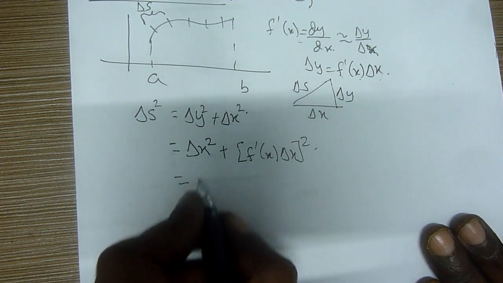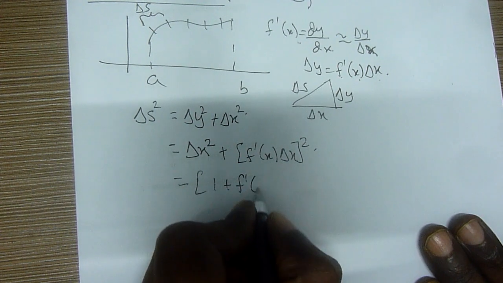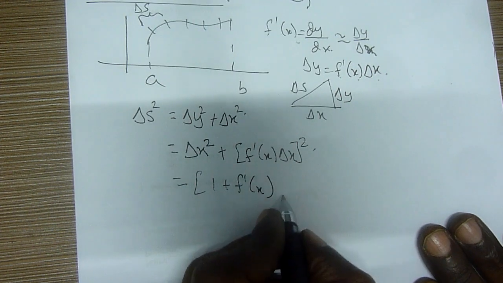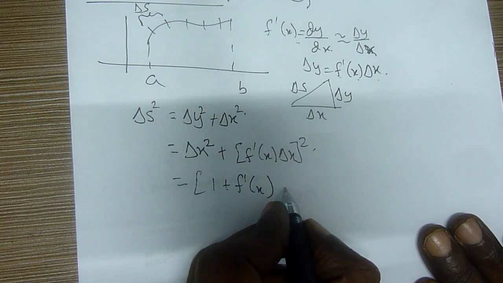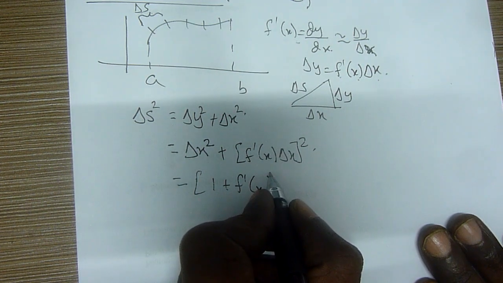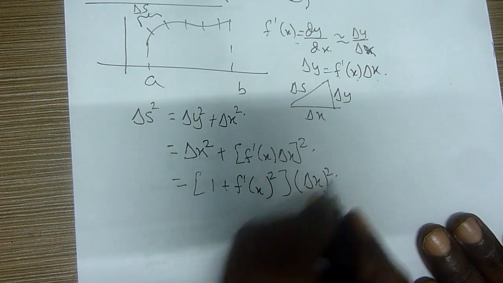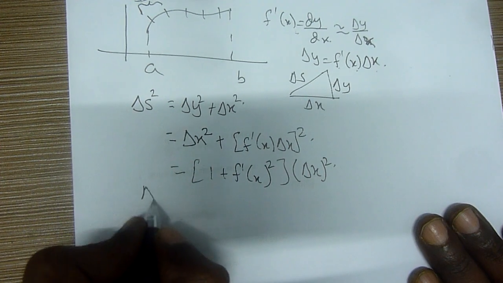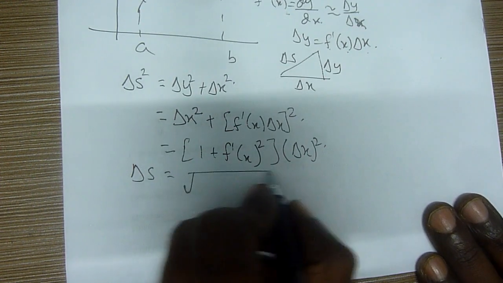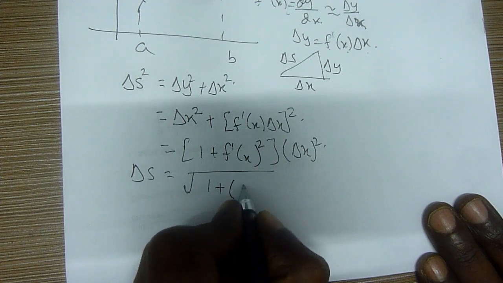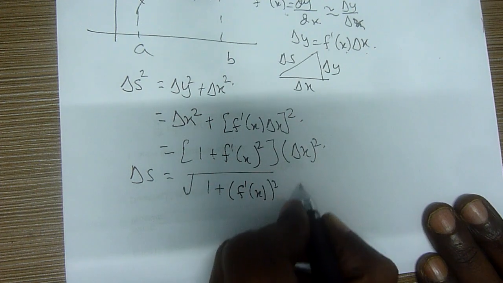Therefore I can take out del x power 2, and again f prime x power 2, right? Therefore if I wanted to find ds, I can refer to this as the square root of 1 plus f prime power 2.